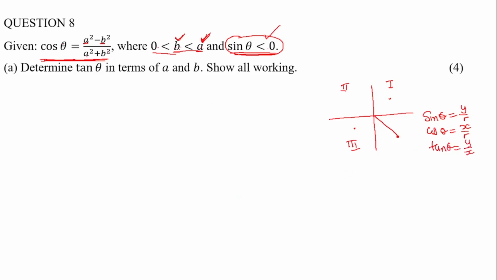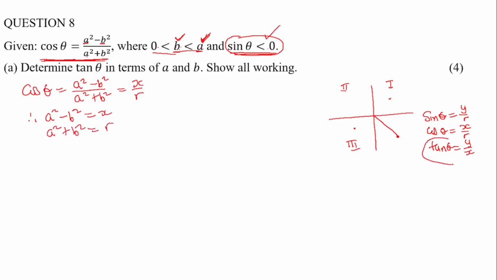We have cos theta is equal to a squared minus b squared over a squared plus b squared, meaning this is like x over r. So we can say that a squared minus b squared is equal to x, and a squared plus b squared is equal to r. Then we want to find tan theta. We have x, so how can we find y?